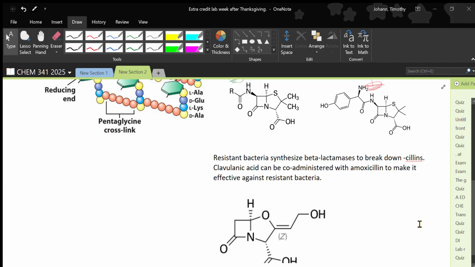There's a lot of similarity here. The cillins are a substrate for beta-lactamases, and this is an inhibitor. It looks kind of like those things. It would be the best inhibitor if it looked like what? The transition state for that reaction.